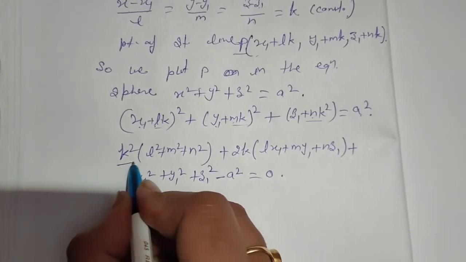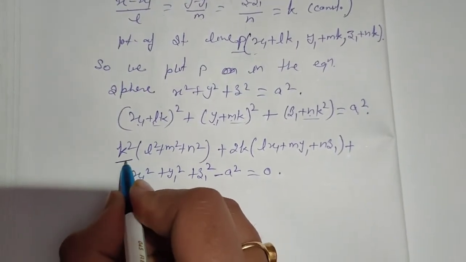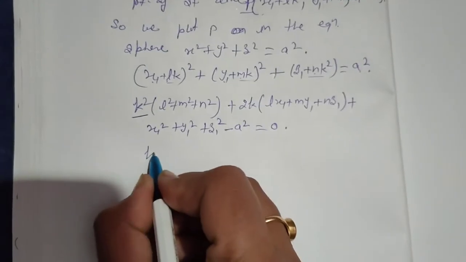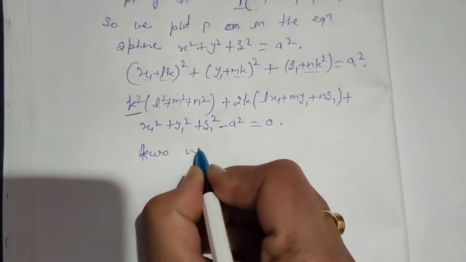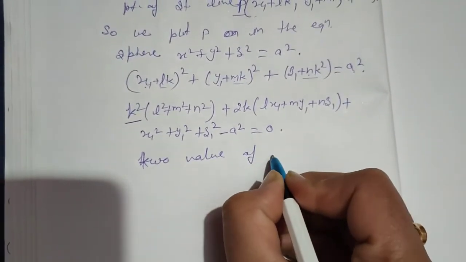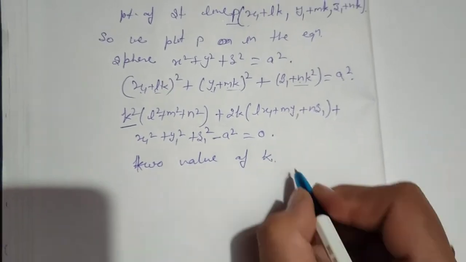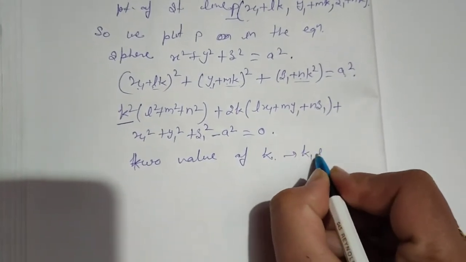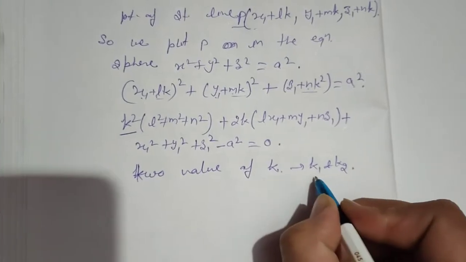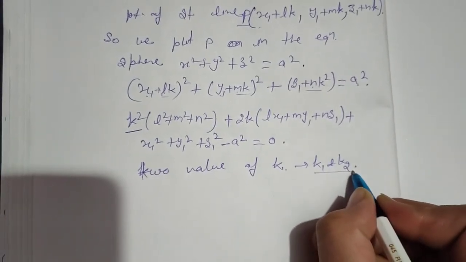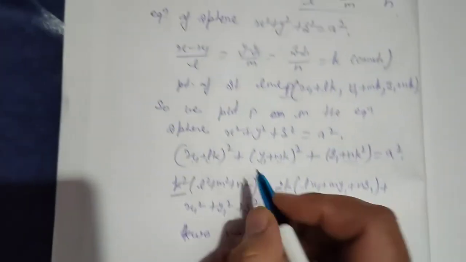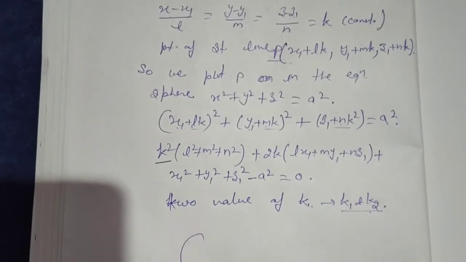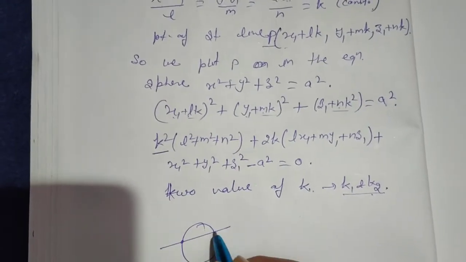This is the equation of second degree in k. This equation gives two values of k, k1 and k2.